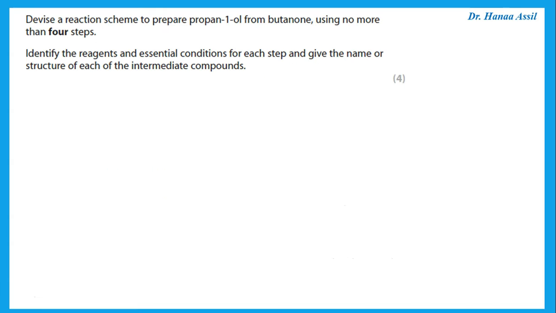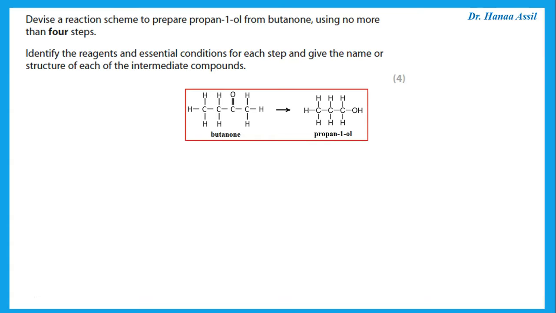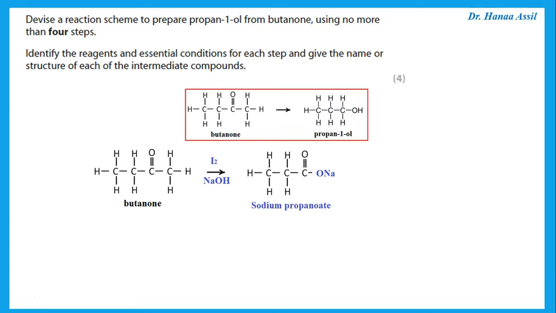the required product. Again, this question says, devise a reaction scheme to prepare propan-1-ol from butanone using no more than 4 steps. So again, I can start with butanone, but in this case, I want to remove one of the carbons. So I can do that with iodine in sodium hydroxide.